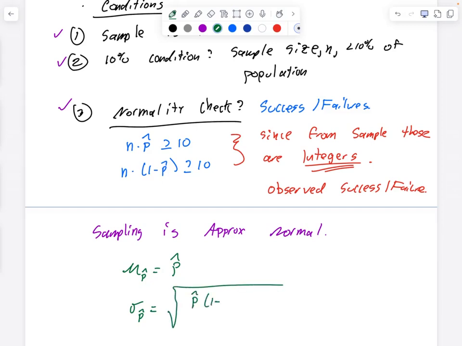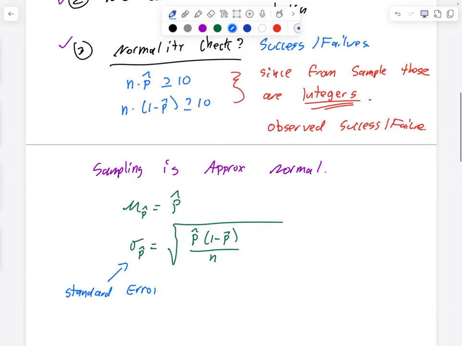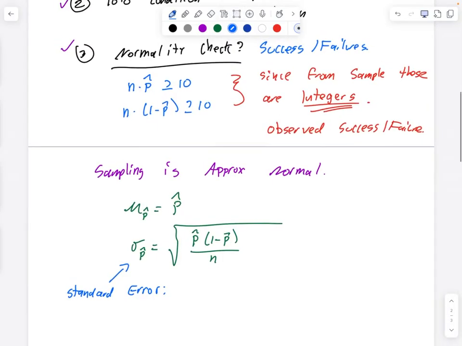This is actually called the standard error. It's like standard deviation, but using a statistic or sample result.